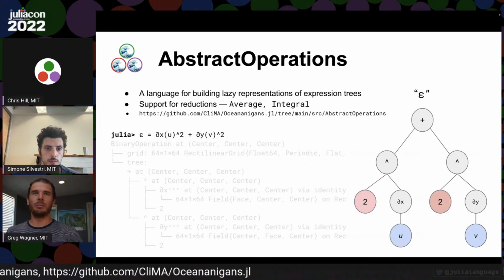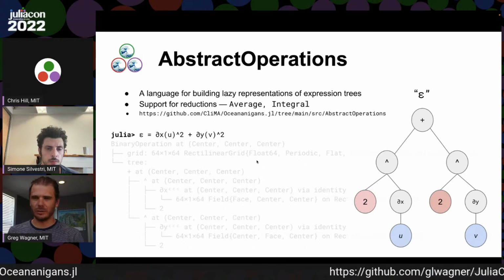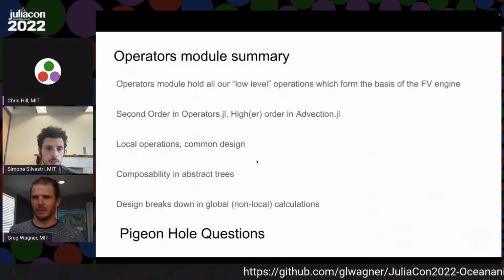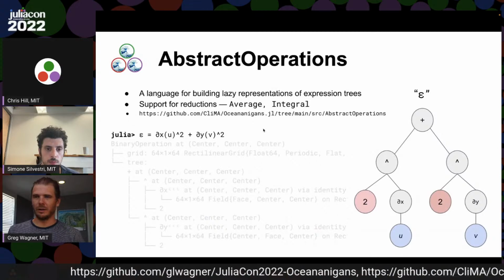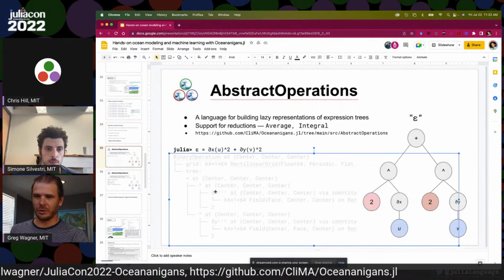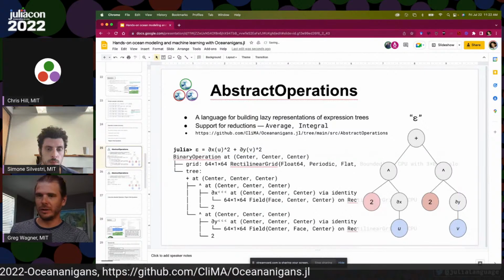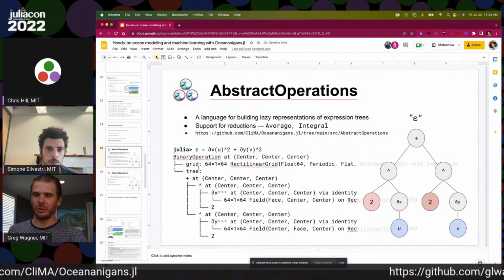So when you're using Oceananigans and you create this kind of object, this is what you get.